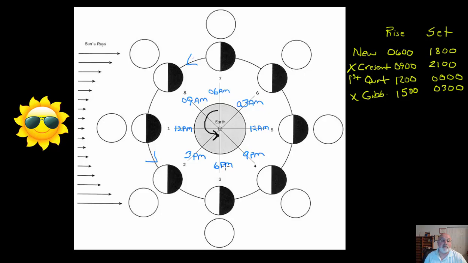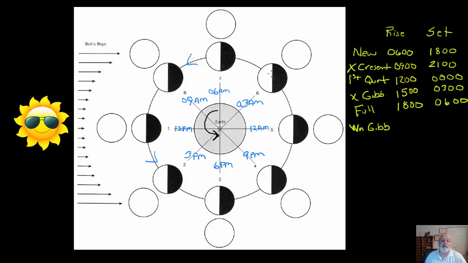And then we move over to a full moon. First time we're going to see a full moon is at 6 p.m., 1800 hours. And we're going to see it all the way over to 6 a.m., 0600. And then we have a waning gibbous.